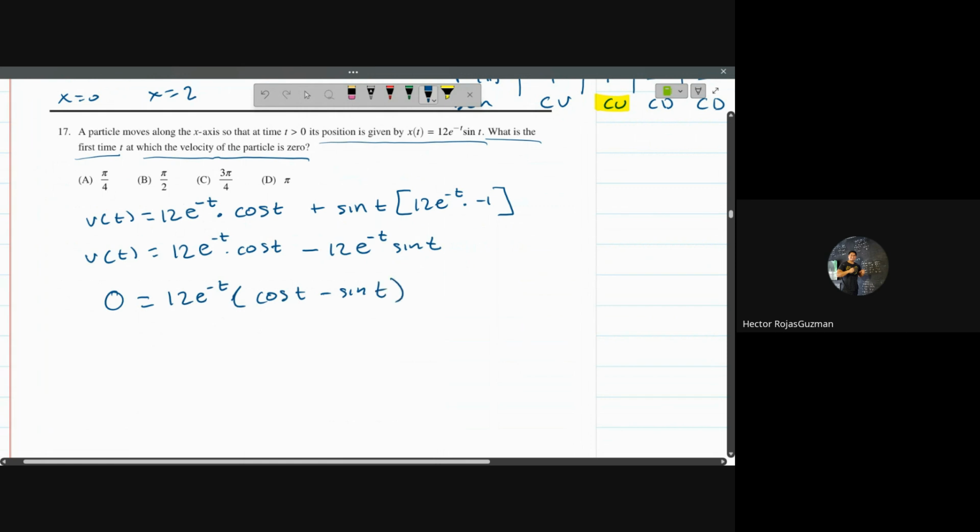And from here, you can go ahead and split them up using the zero product property. Now, for the first one, we're actually going to get undefined because you cannot take the natural log of 0.